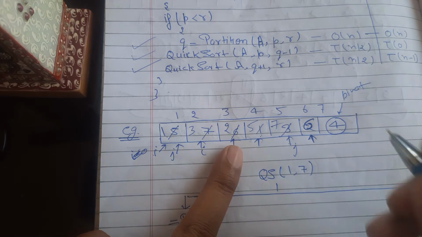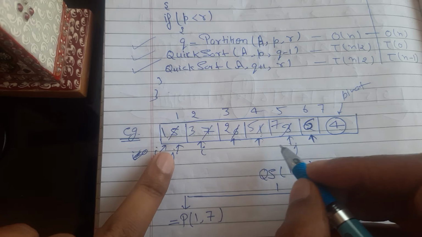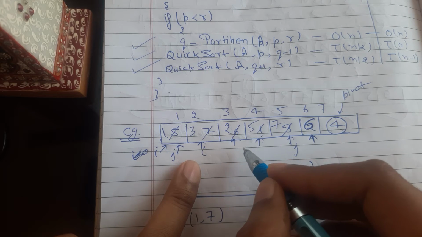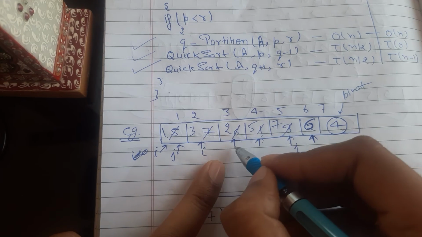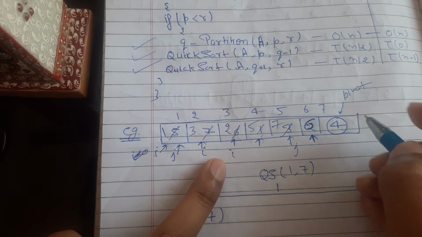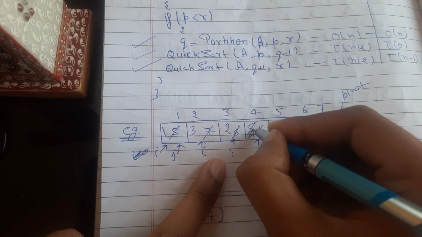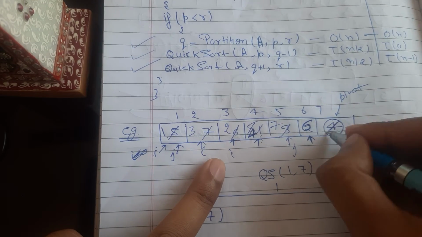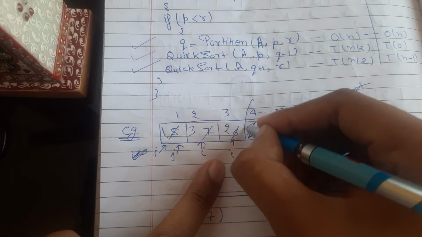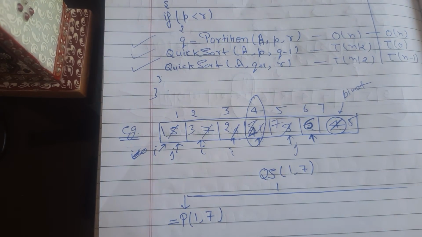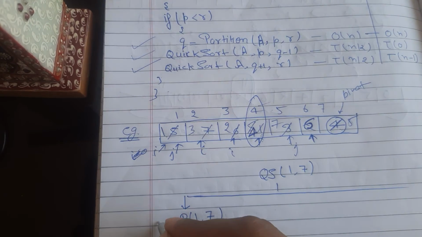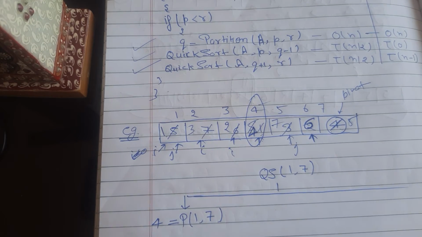Then again exchange A of i plus 1 with A of r. Okay, i is pointing to here and we exchange with 4 with pivot. So this is the right position of 4, so it will return 4.